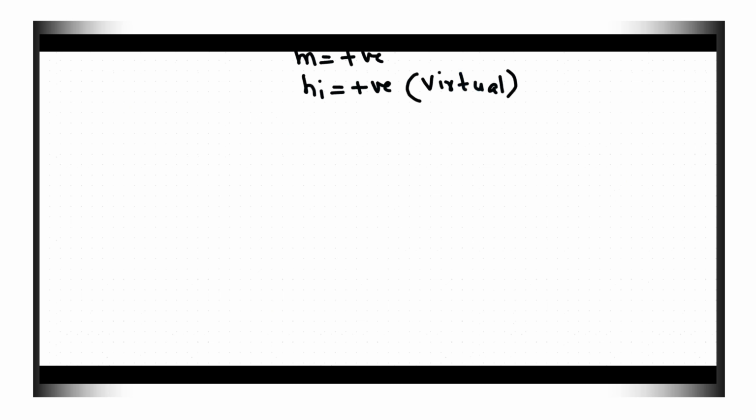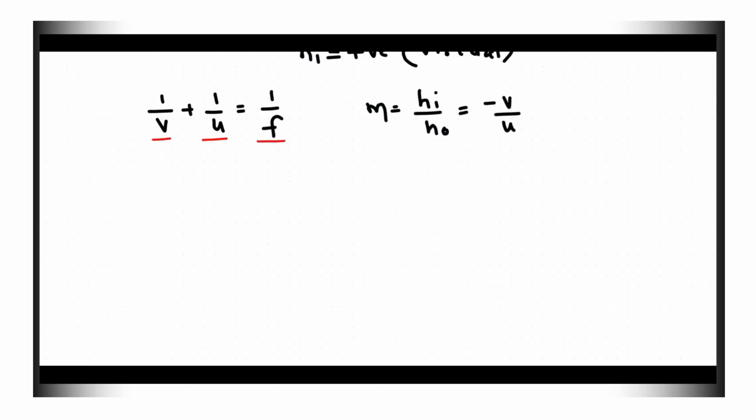So basically, we have two formulas with us. One is the mirror formula, 1 by V plus 1 by U equal to 1 by F, and magnification is equal to HI divided by HO, which is equal to minus V by U. In this, we have 5 terms: U, V, F, HI, HO. So we need to know the convention. Convention means like a graph: everything calculated to the left will be taken as negative, to the right will be taken as positive.